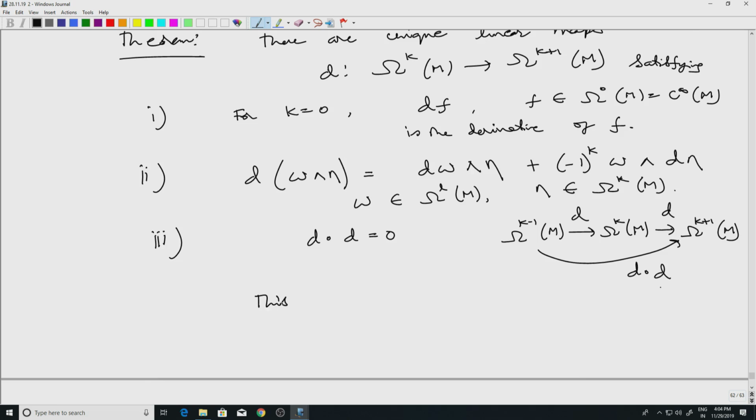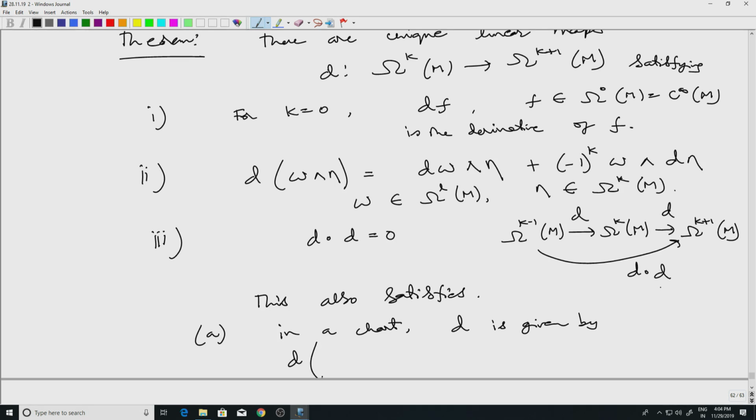This also satisfies, in a chart, d is given by the following.